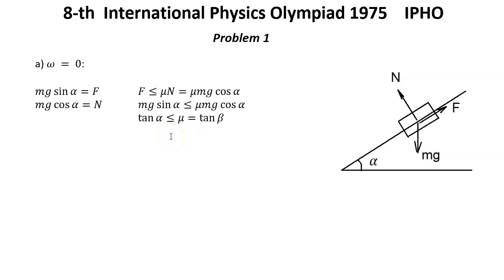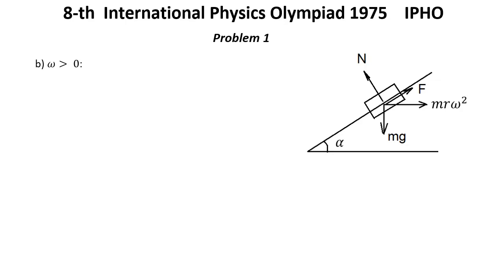So for that case, this body is not moving. If tangent alpha is greater than mu equal to tangent beta, our body will move down, and this is the solution for question A.